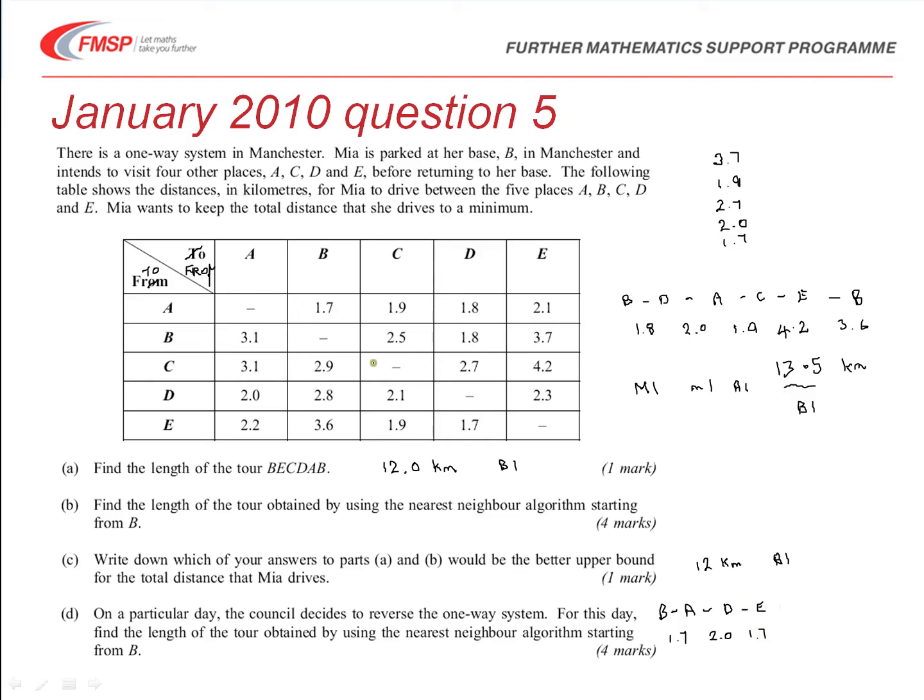Then from E, the nearest neighbour would now be C with 4.2. And then finally from C, you would go back to B, which would be 2.5.